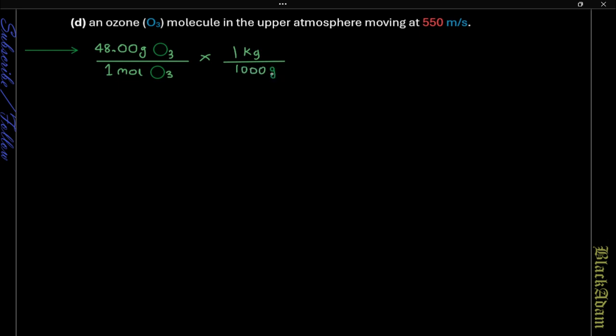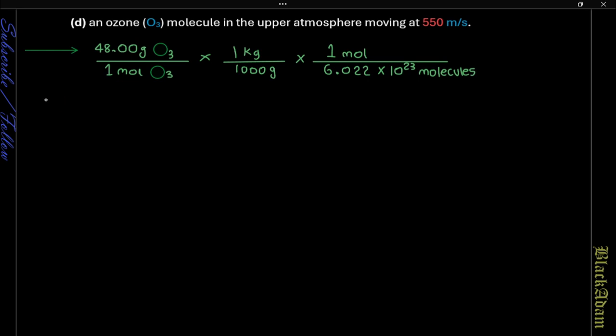And all that multiplied by 1 mole over the Avogadro constant, which is 6.022 multiplied by 10 to the power 23 molecules. So those are the molecules that we have, the particles.